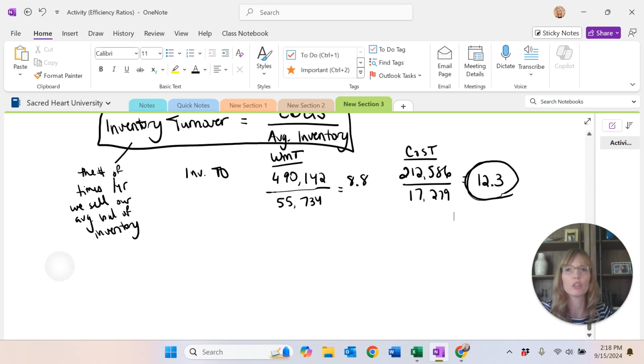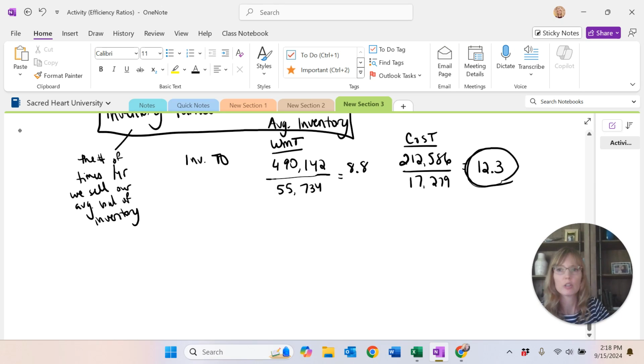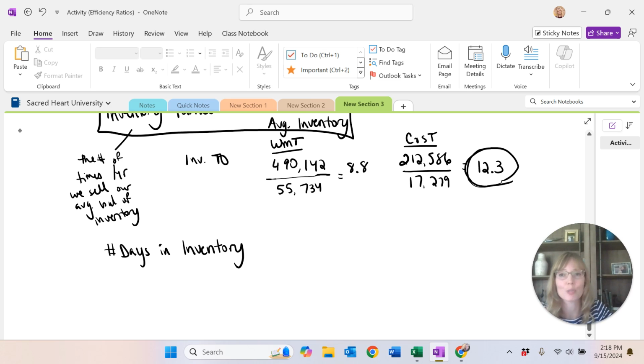Oftentimes, analysts will adjust inventory turnover to turn it into the number of days in inventory. How long was our inventory at our company? The less it's in our company, the faster we're selling it. The faster we're selling it, the less capital or cash that we have tied up in that inventory.